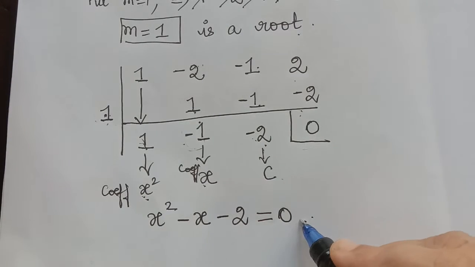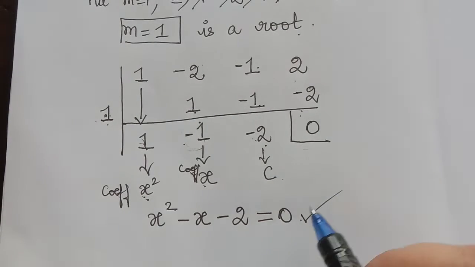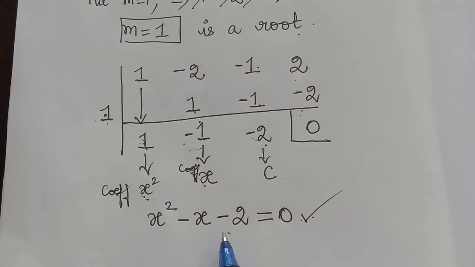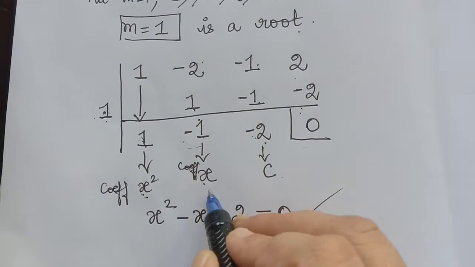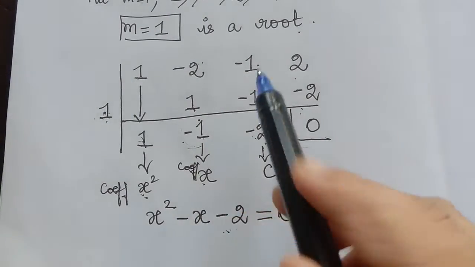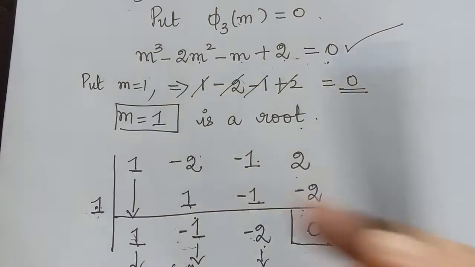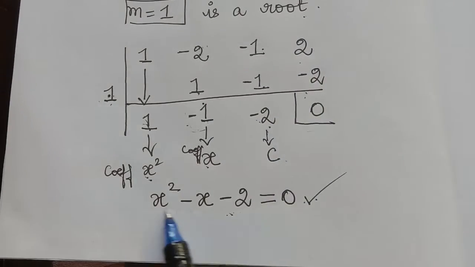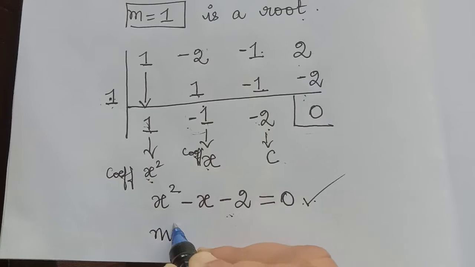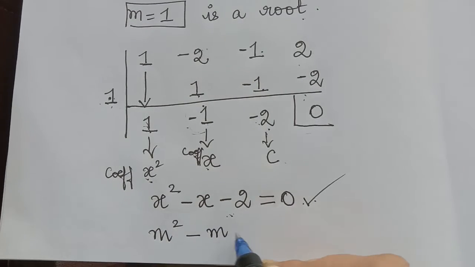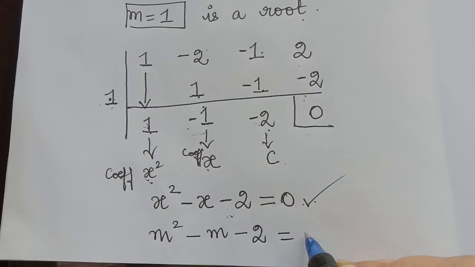Now we have to solve this quadratic equation, that is, we have to factorize this and find the other two roots. I have written x over here, but we have to write m actually because we are using m here. In general, in algebraic theory, I just showed you how to write it. So replace that x with m, and you will have m squared minus m minus 2 equal to 0.